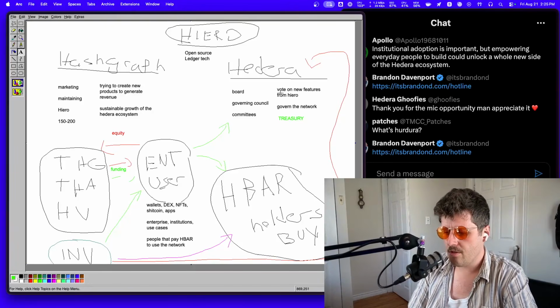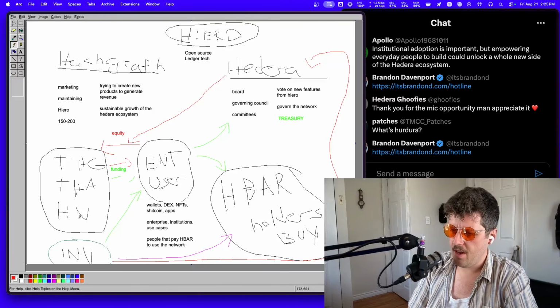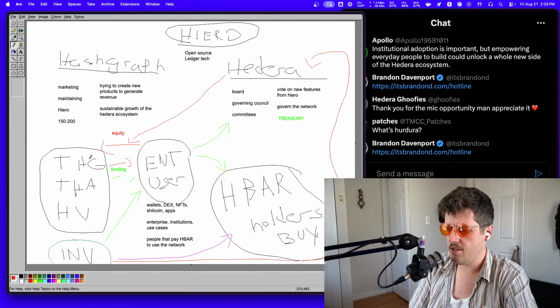They'll disperse those funds to organizations like THG, THA, all those different types of things. These organizations help with ecosystem development with the end users that helps drive growth.